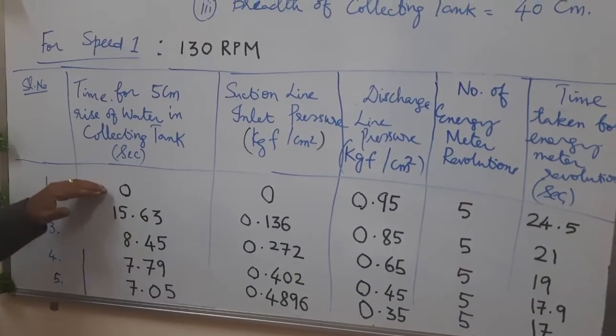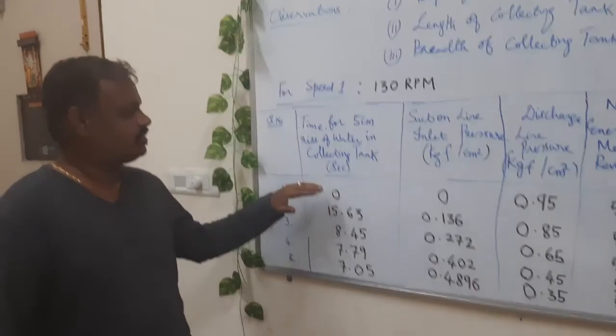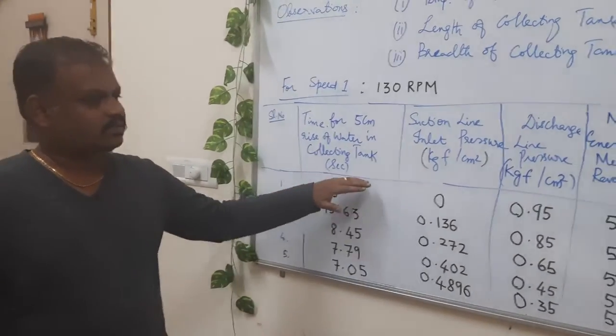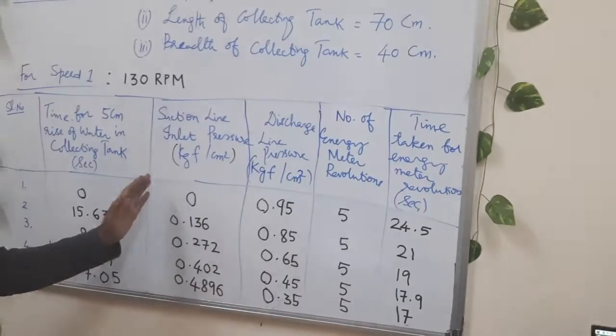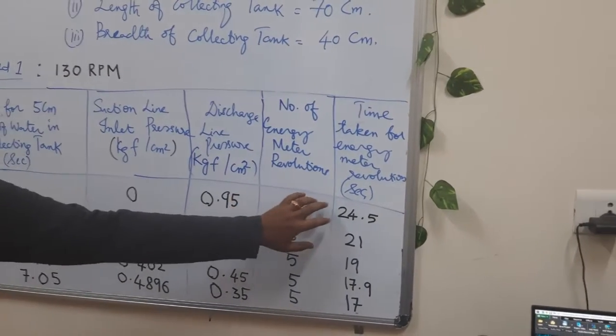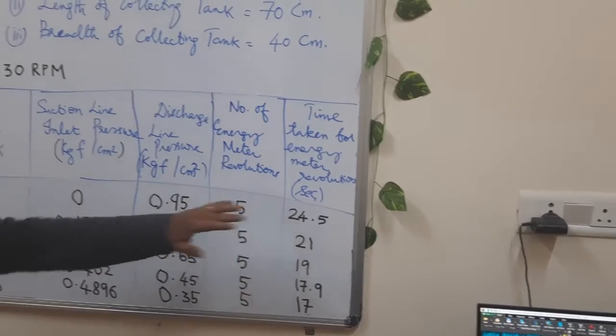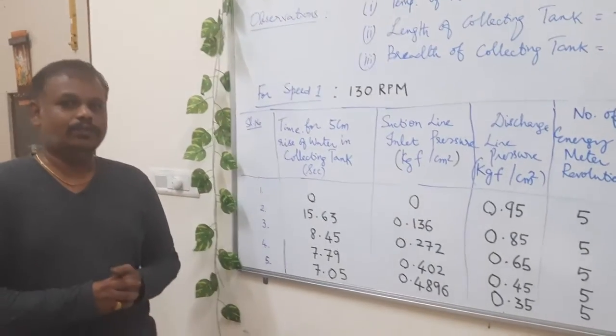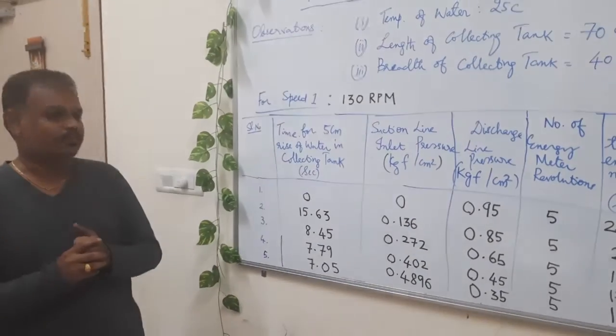The first flow rate is zero flow rate. For the zero flow rate, the given data are suction line pressure, discharge pressure, number of energy meter revolutions, and time taken for the energy meter revolutions. Now students have to explain one thing.